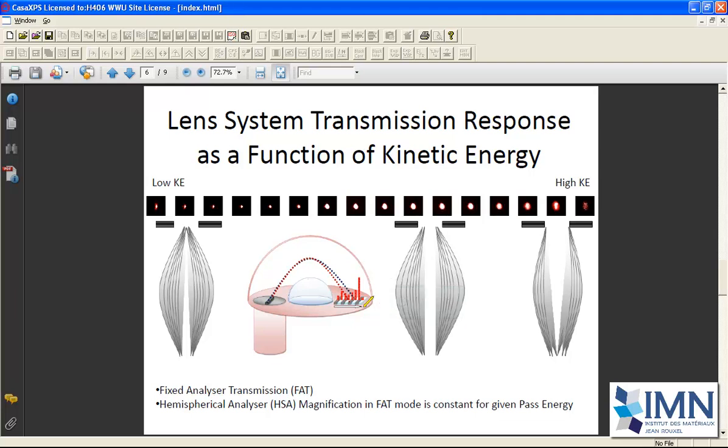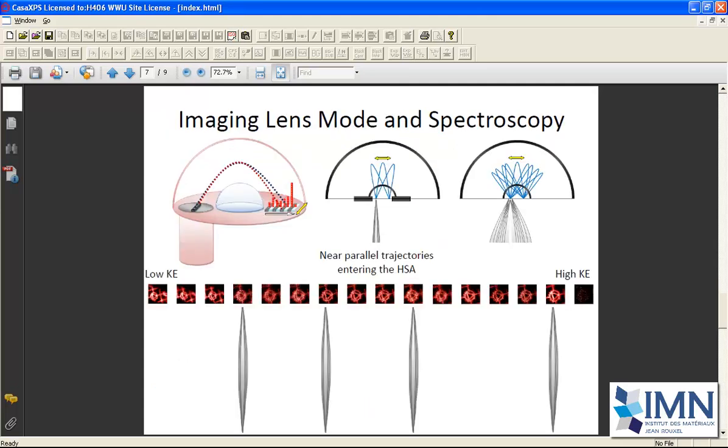And this means that all the electrons that may come from a range of different kinetic energies from the sample must be retarded to this pass energy if the electrons are to pass around the analyzer and be detected. So the lens system must do a lot of work prior to taking the signal into the hemispherical analyzer, and one of the consequences of these adjustments as a function of kinetic energy is that you can potentially alter the way rays enter the hemispherical analyzer.